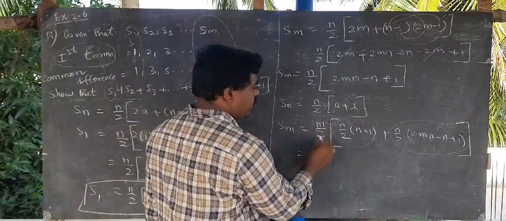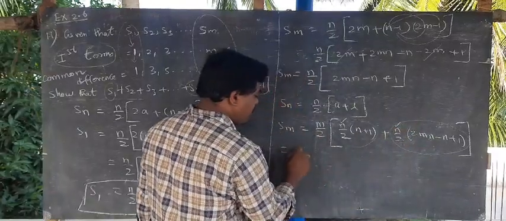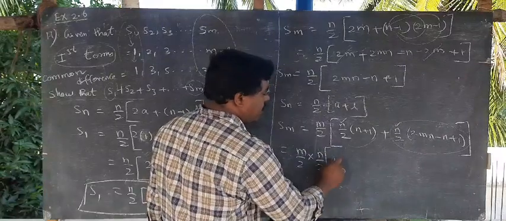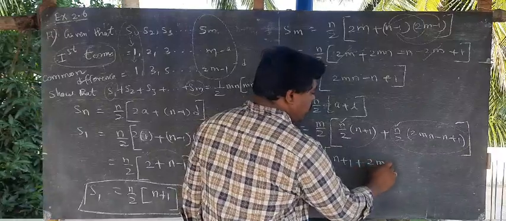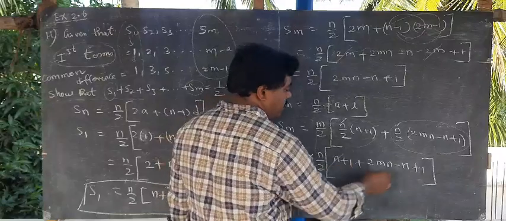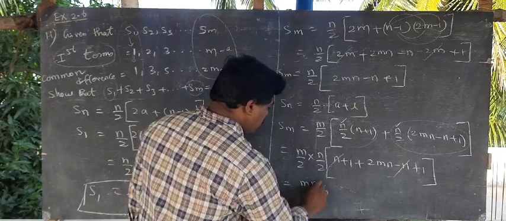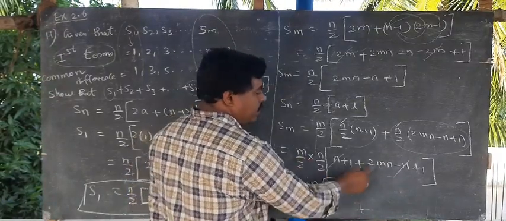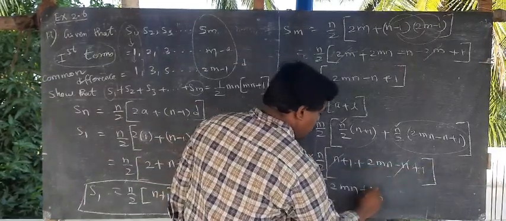This equal to, here we are having n by 2, here also we are having n by 2. m by 2, I take n by 2 as common, remaining n plus 1, here 2mn minus n plus 1, this will be cancelled, mn by 4, 2mn, 1 plus 1 is 2.